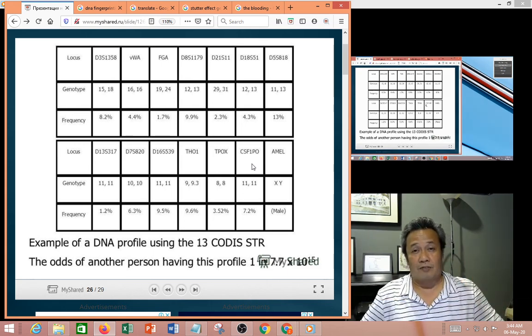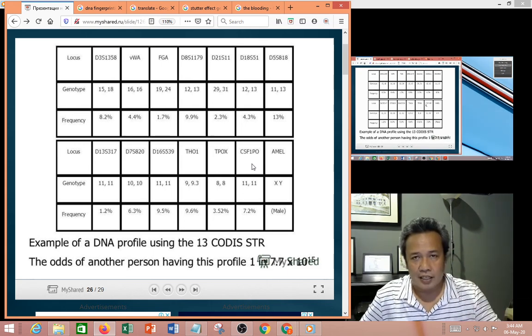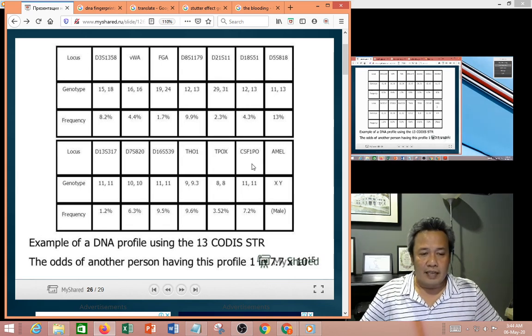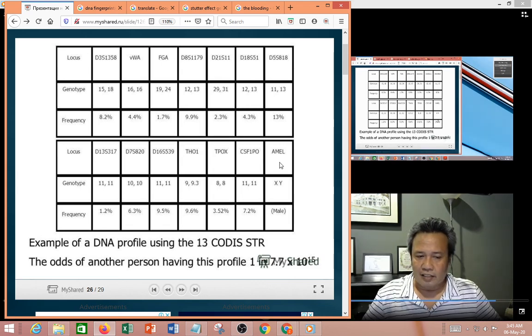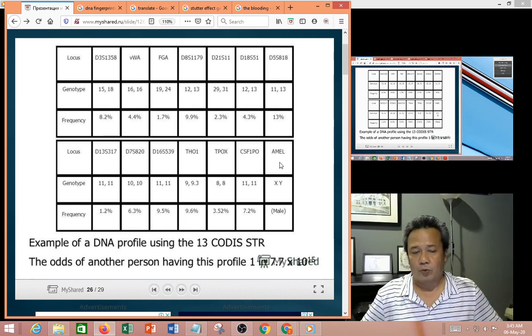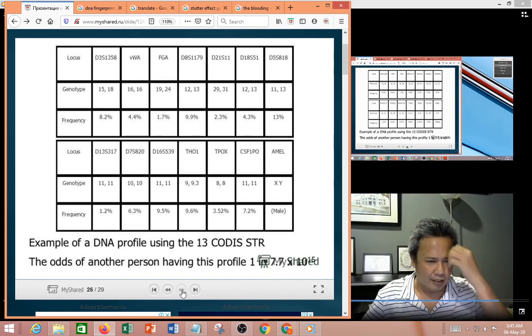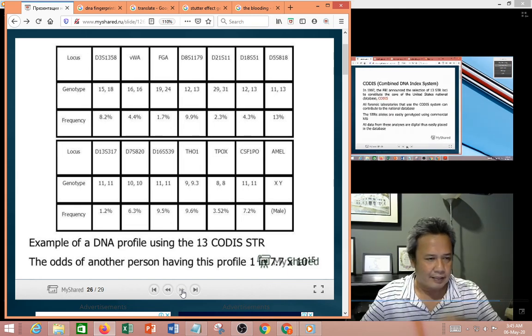So the chance of another person matching the same genotypes is actually 1 in 7.7 times 10 to the power of 15. This ML is amelogenin. This is used for gender identification, sex identification, X and Y. So this person is a male. We'll go into this later when you want to do parentage testing.